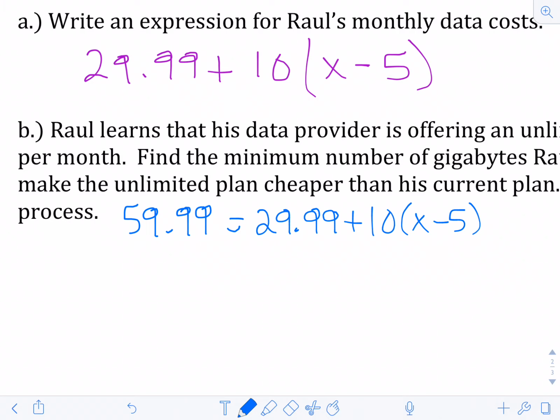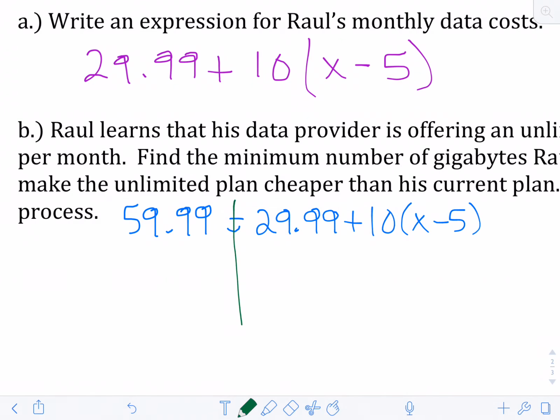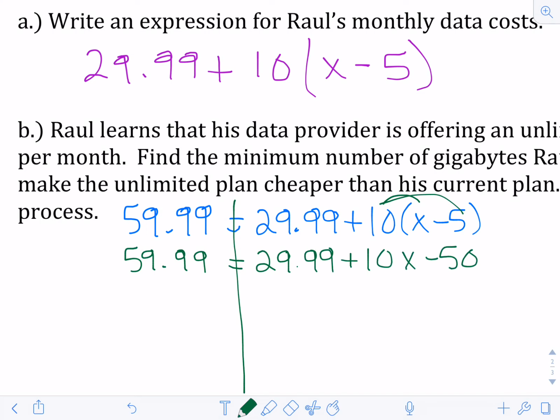So I'm going to go ahead and draw my line right here on the equal sign, and distribute my 10. The first thing you've got to do is get rid of those parentheses. So we have $59.99 is equal to $29.99, and when I distribute this 10, I get 10x minus 50.